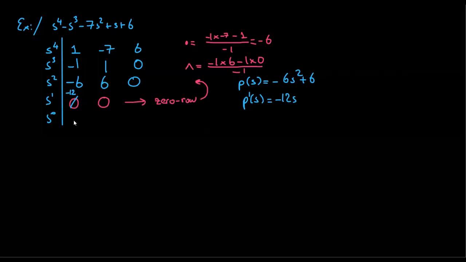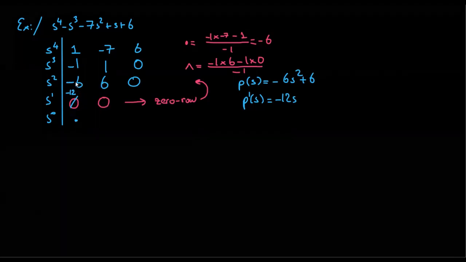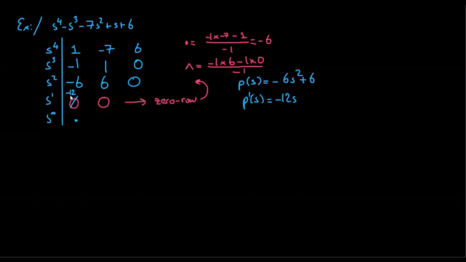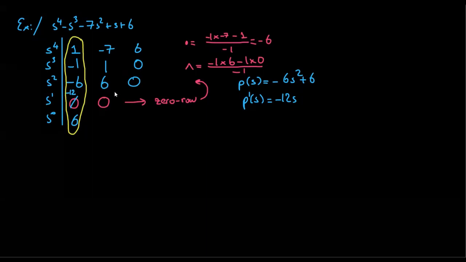And if you compute this term, you multiply those two numbers, and you multiply minus 6 by 0, subtract from that number and divide by minus 12. So this will be equal to 6 as well. Okay. And since I finished constructing my rotary, I can now inspect the first column, just to see the number of sign changes and the number of roots with positive real parts.